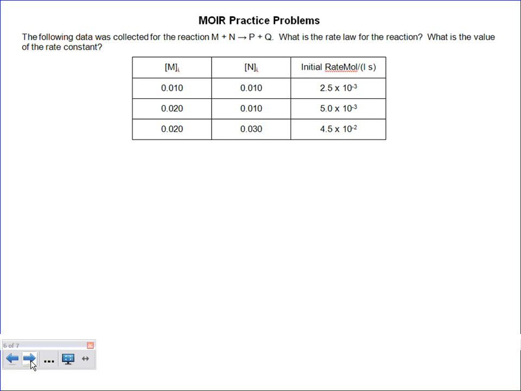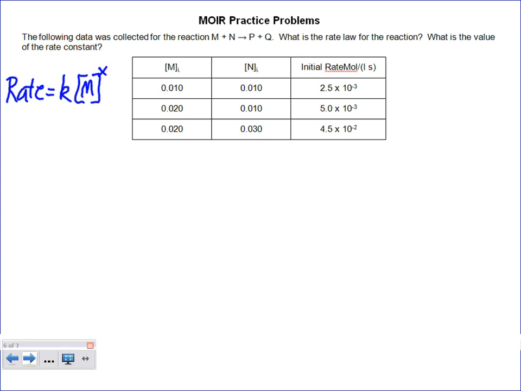The first one has the reaction M plus N yields P plus Q. So I know that my rate is going to be equal to a constant times the concentration of my reactants, M and N, raised to the power of their coefficients.